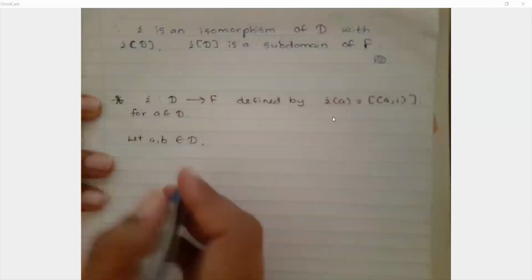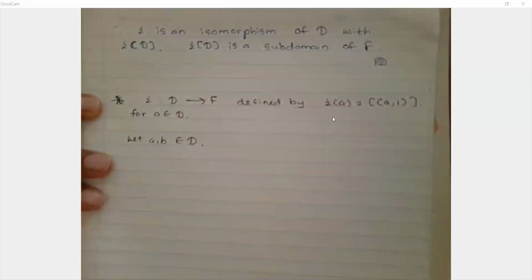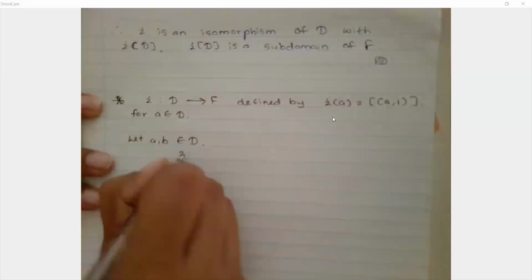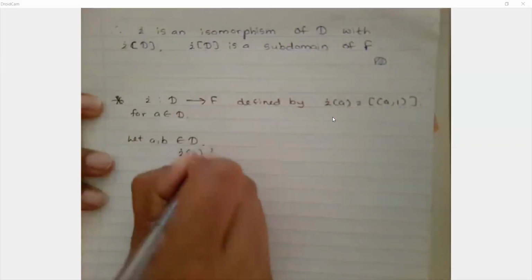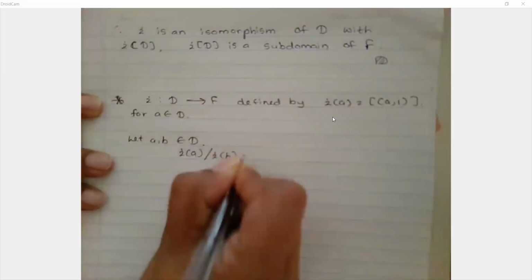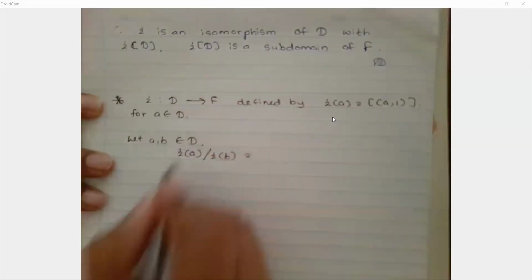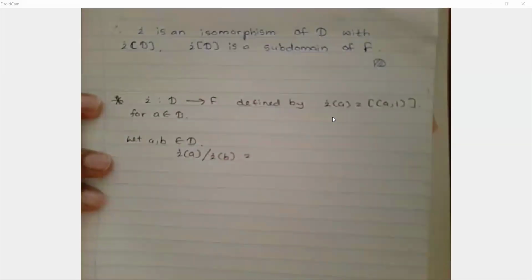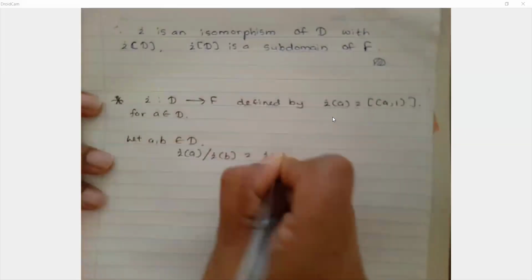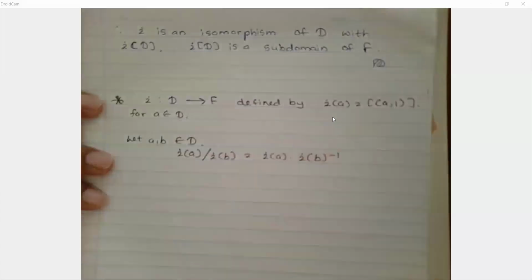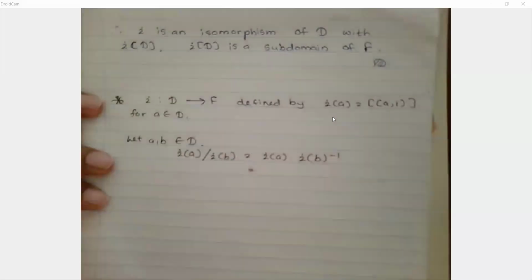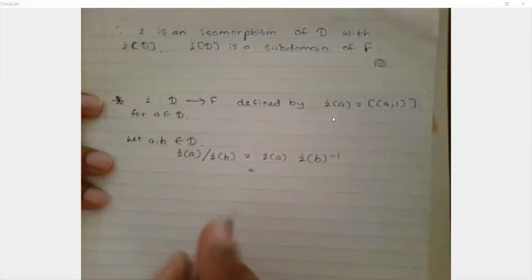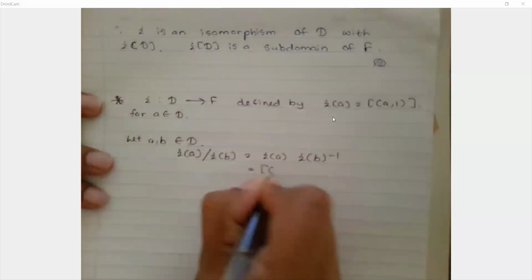So we can write, it contains elements of the form I of A over I of B. When you say over I of B, just to show it as a quotient, this is simply I of A times the inverse of I of B. And we know by definition of this I, this is the equivalence class A1.